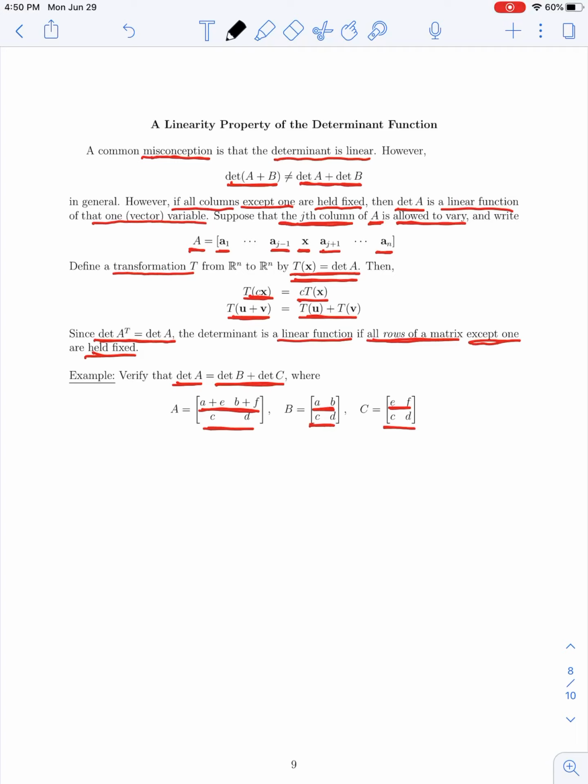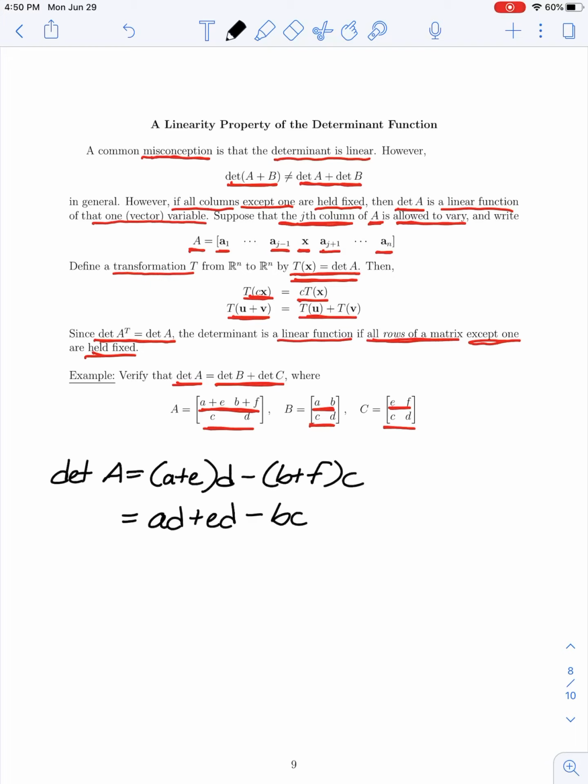So let's start by looking at the determinant of A. We would have, for the product of the diagonals, A plus E times D, minus the product of the off diagonals, B plus F times C. So expanding, we have AD plus ED minus BC minus CF, or FC.